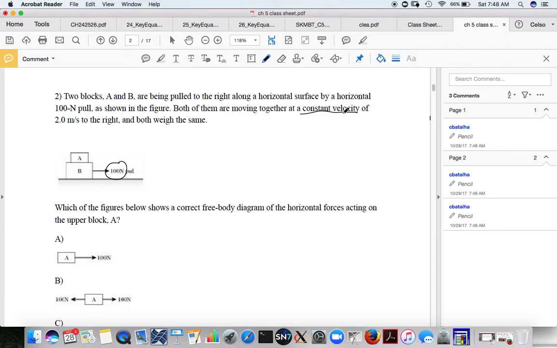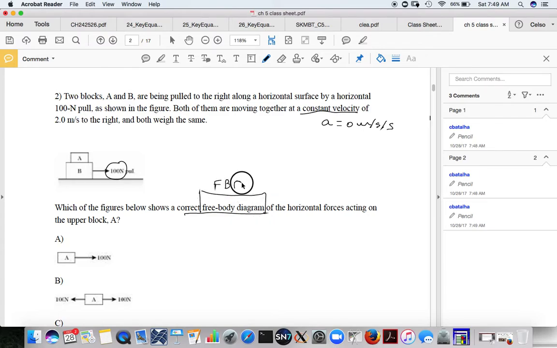So when you read the words constant velocity, it means your system has an acceleration which is exactly 0.000 meters per square second. The constant velocity is given as 2 meters per second to the right, and both weights are the same. Okay, so which of the figures below shows the correct free body diagram? FBD, the only free thing in physics.